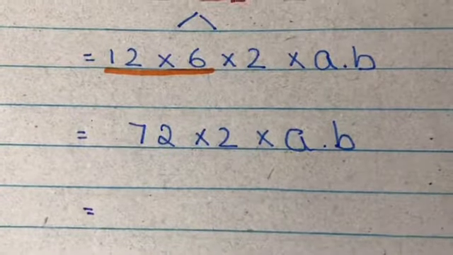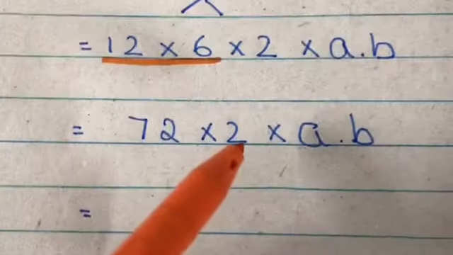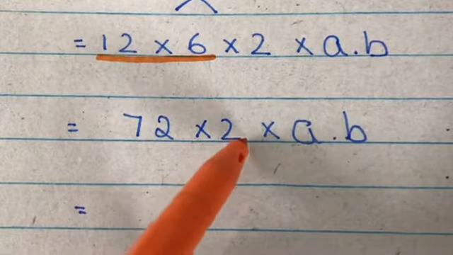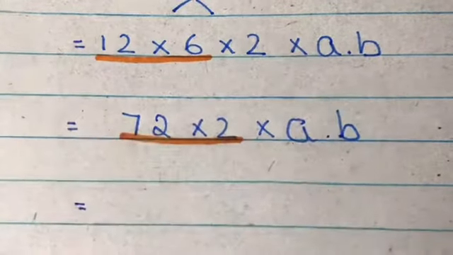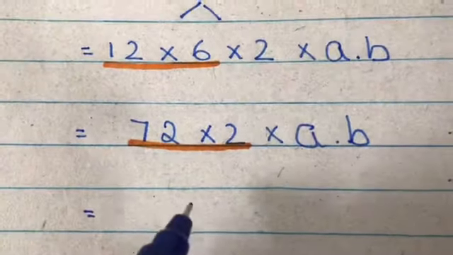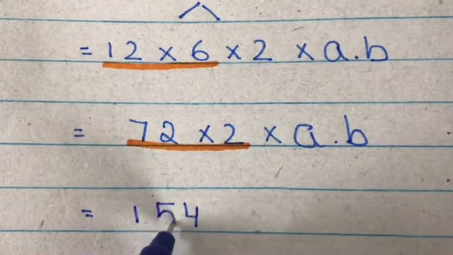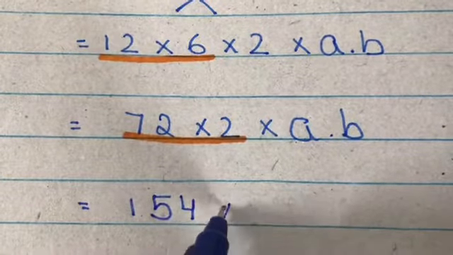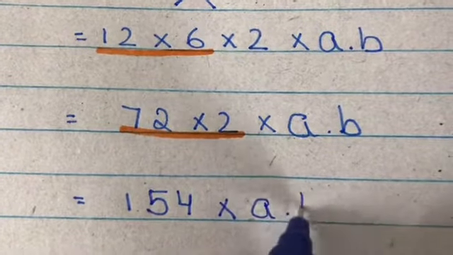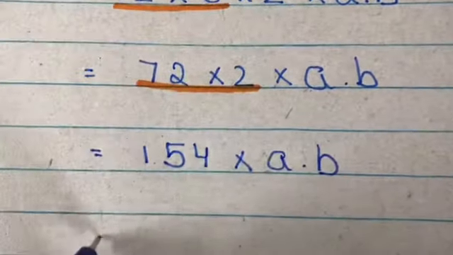Now 72 times 2. Now this is what you are going to underline. Alright? Now you're going to solve it. 72 times 2 is 144. Times a dot b. Now what are you going to do?